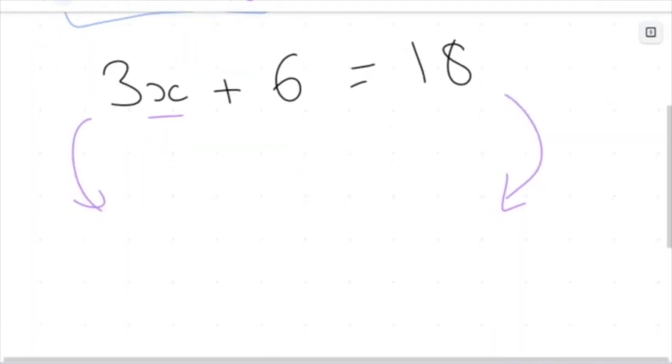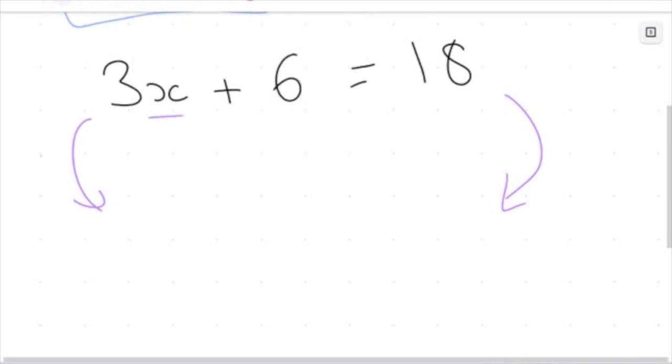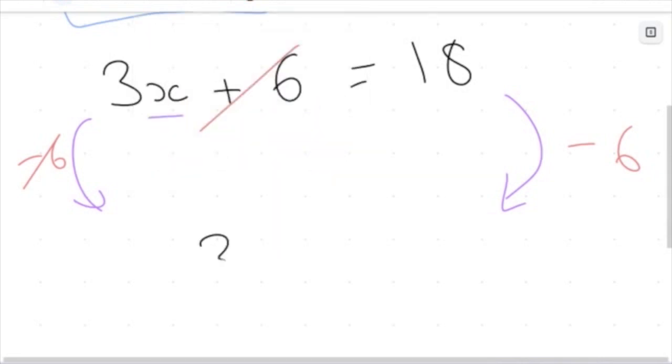So the first step in solving our equation is going to be to undo my adding of the 6 by subtracting it from both sides. This kills my 6 here, and this shows me what 3x was before I added the 6 to it. So I get that 3 times x equals 18 minus 6, which gives me 12.